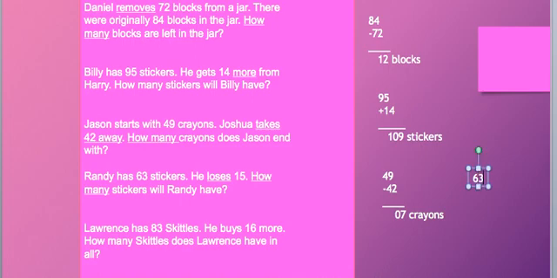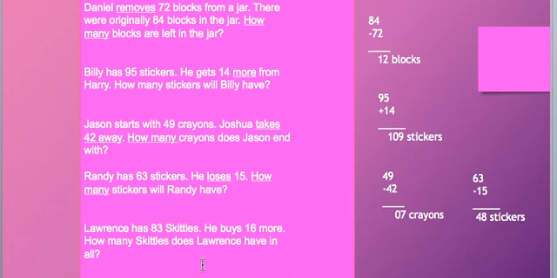So we have 63 minus 15. So 3 minus 5 we cannot do, so we need to borrow from my 6. My 6 becomes a 5, my 3 becomes a 13. So 13 minus 5 is 8, and then my 6 is now a 5. So 5 minus 1 is 4. So my answer will be 48. And the question says how many stickers, so we will label it as stickers.